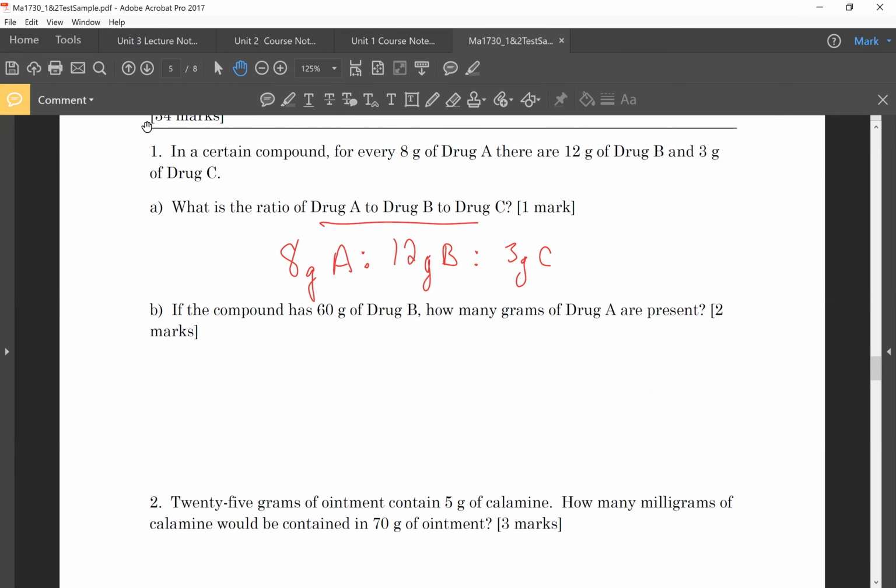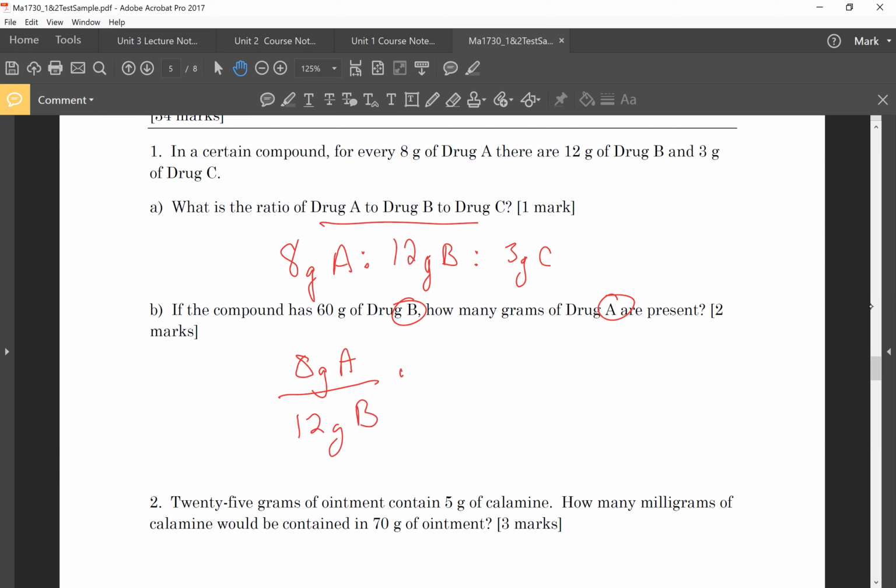Part B says, if the compound has 60 grams of drug B, how many grams of drug A would be present? Well, here is where we can set up what's called equivalent fractions or equivalent ratios. So we're looking at A and B. Typically, drug A would be 8 grams and drug B would be 12 grams.